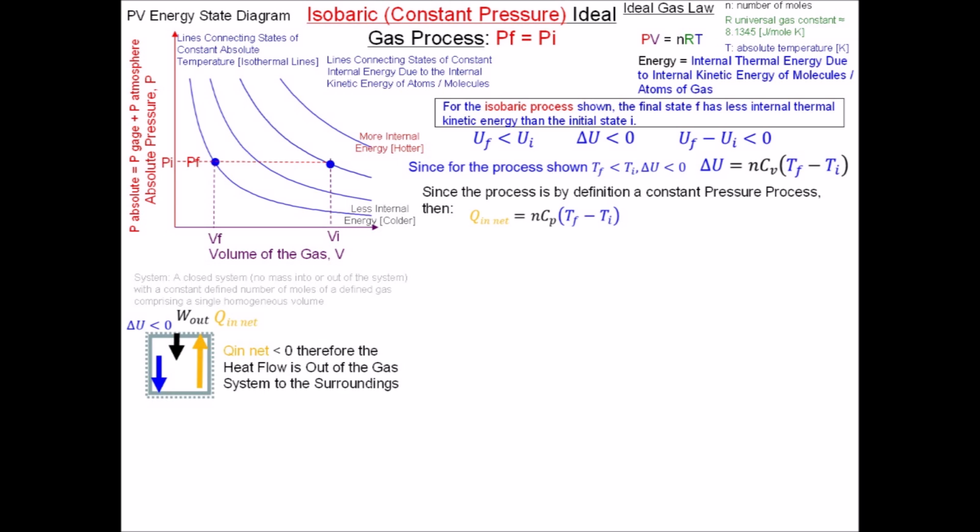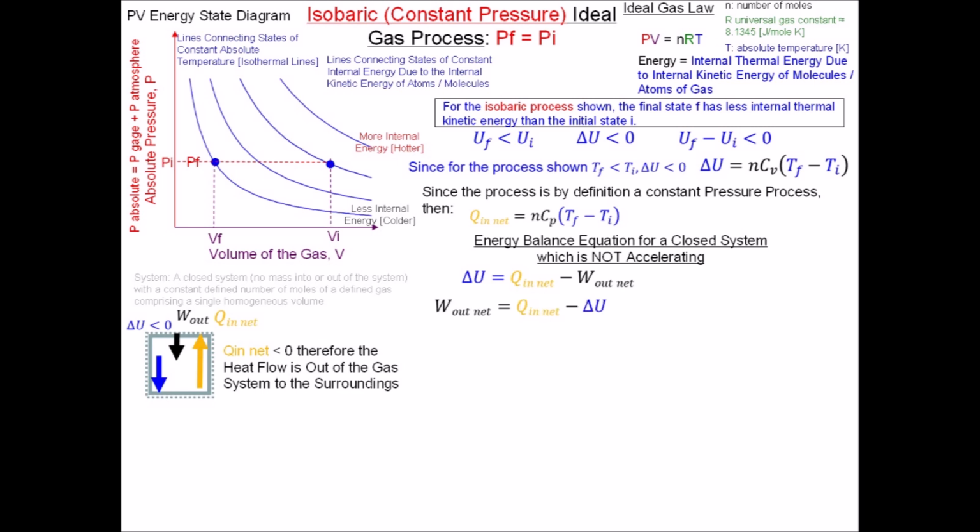Considering now the conservation of energy and our energy balance equation for this closed system, which is not accelerating, we know that delta U, the change in internal thermal kinetic energy, is always equal to energy in terms of heat into the system minus energy in terms of work out of the system. We have solved previously for delta U and Q in, so we can rearrange that equation to solve for work out net.